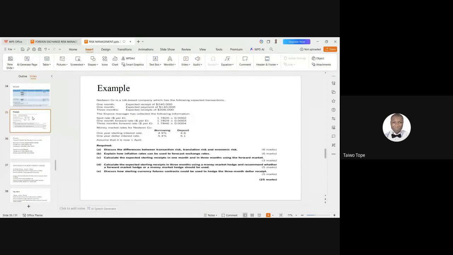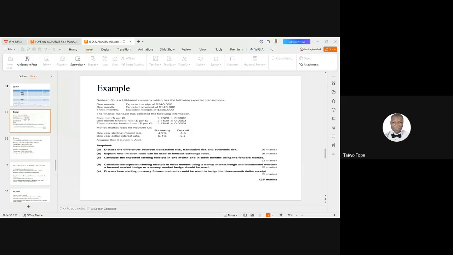So 30 from the question here. Thank you, sir. The next thing, I might not conclude these other parts. You go and solve it and send your solution; that is what we've done. Calculate the expected sterling receipt in 3 months using a money market hedge and recommend whether a forward market hedge or money market hedge should be used.